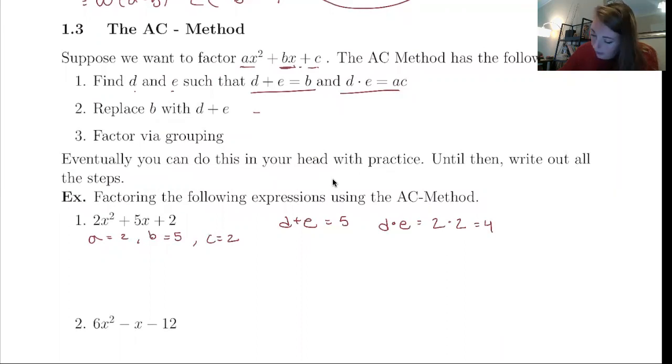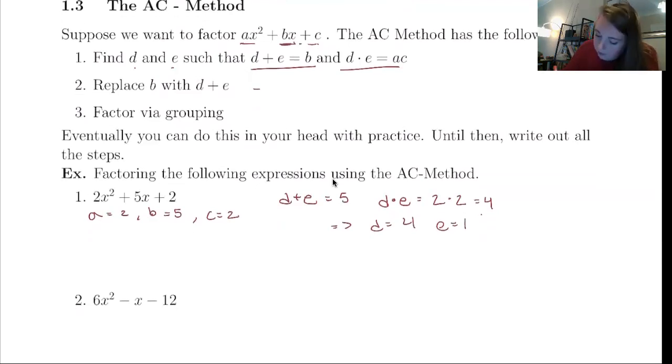So 4 and 1, that's obviously not 2 and 2, that adds to 5. So 4 and 1 are the factors. We can say D, it doesn't matter which one, let's call that one 4. Let's call E 1. So now it says to replace B with D plus E. So instead of 5, I'm going to write 4 plus 1.